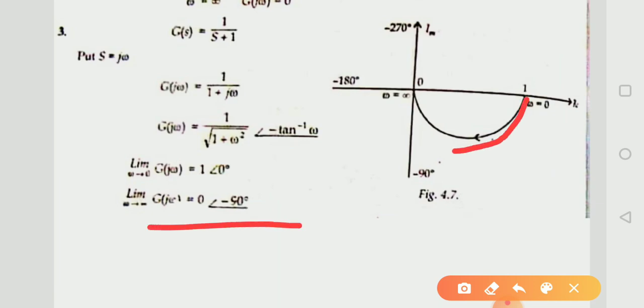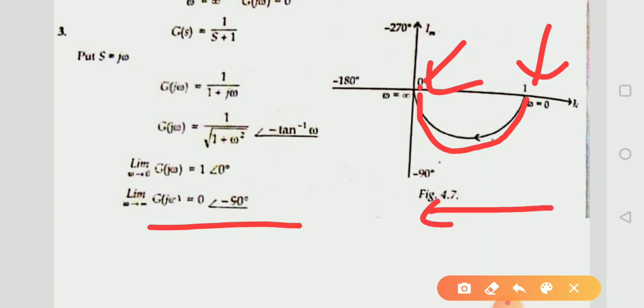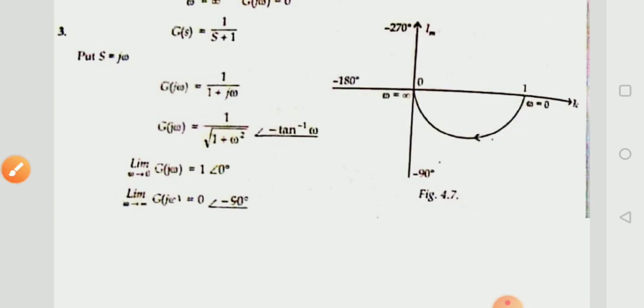So we make the graph like this. We can see here at omega tends to infinity, the magnitude is 0, and at omega tends to 0, the magnitude is 1, and omega is increasing from here to here. Here is 0, 1, 2 and so on, and here is infinity. So this is the polar plot for this open loop transfer function.